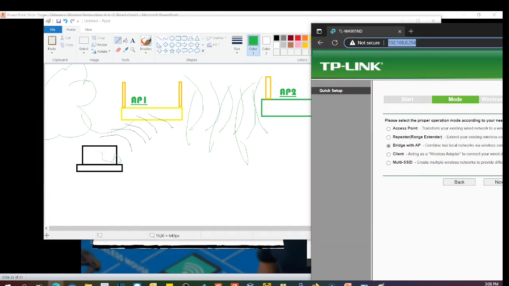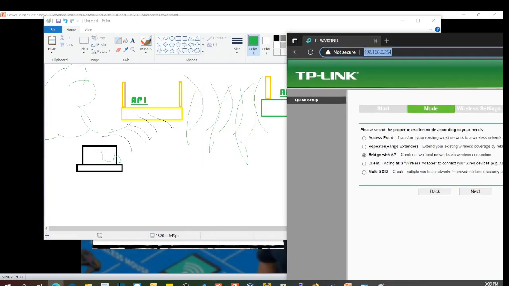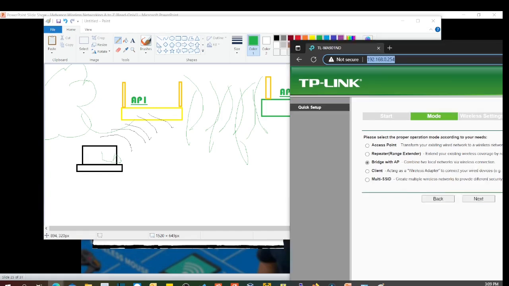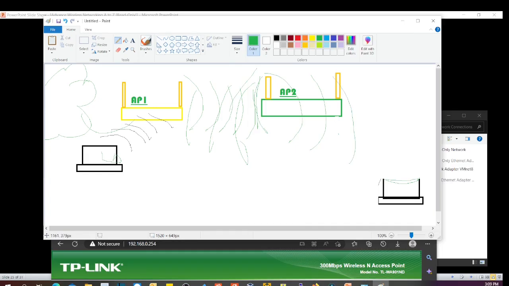It doesn't mean that you can use the SSID and password in order to access the internet. That's not the case. So regenerate the signal. It doesn't matter whether you're using wire or wireless. We just want to regenerate the same signal and make it stronger. It's like a repeater and bridge. So now this client will be able to access using wireless instead of wire.